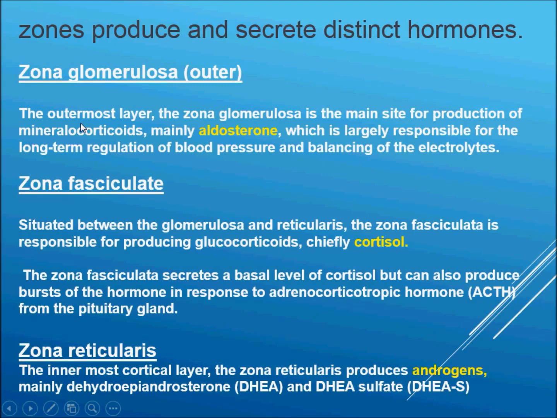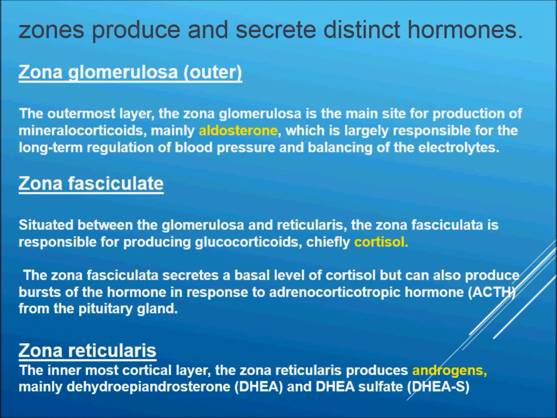It is the main site for the production of mineralocorticoids, which is the second category of hormone produced by the adrenal cortex. More specifically, among mineralocorticoids, it produces aldosterone, which is largely responsible for the long-term regulation of blood pressure and balancing of the electrolytes.